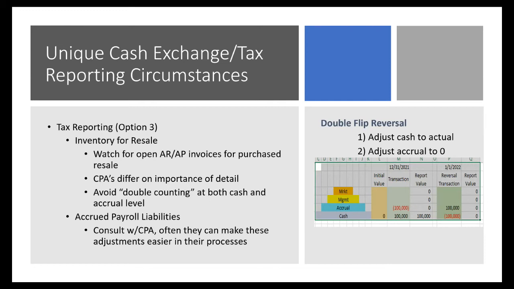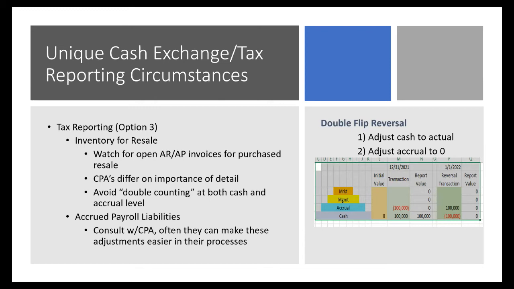So I have what I call a double flip reversal move. Whoever thought that FBS and gymnastics had anything in common? Or Daryl Ellis, well, I would. But anyway, the reason we have to do this is to avoid double counting, especially in the inventory valuation. We don't want dollars to show up at the cost level as well as the WIP level.